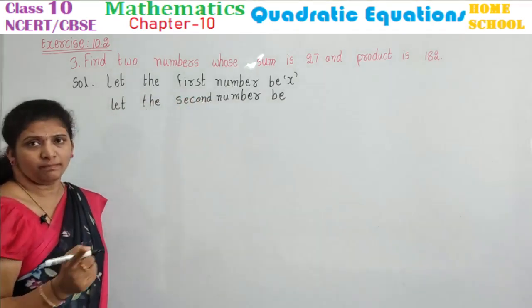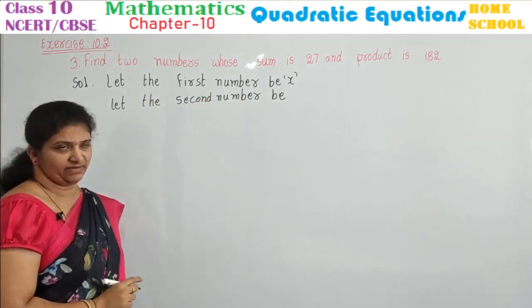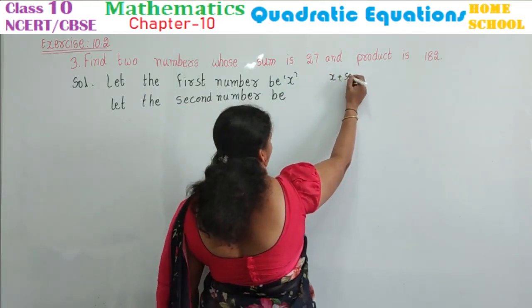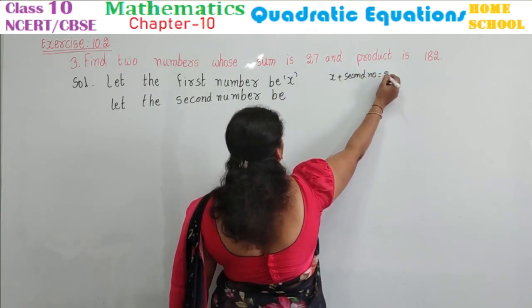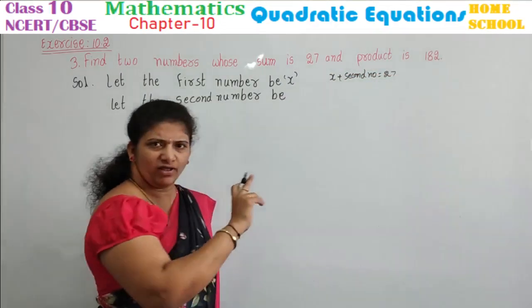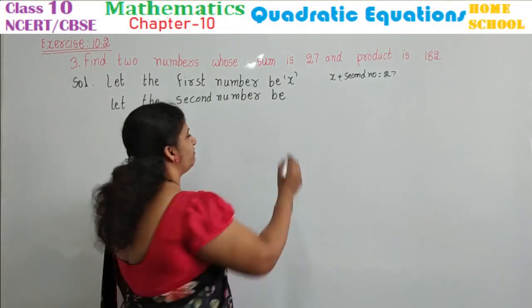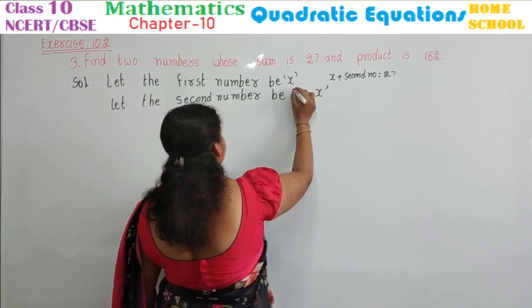First number plus second number, sum is equal to 27. Understand carefully here. x plus second number is equal to 27. Then what will be the second number? Send this x to the other side. It will be 27 minus x.